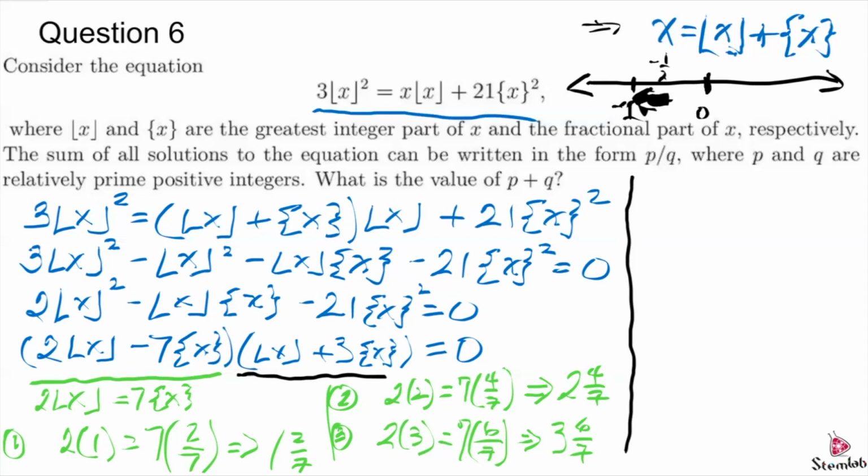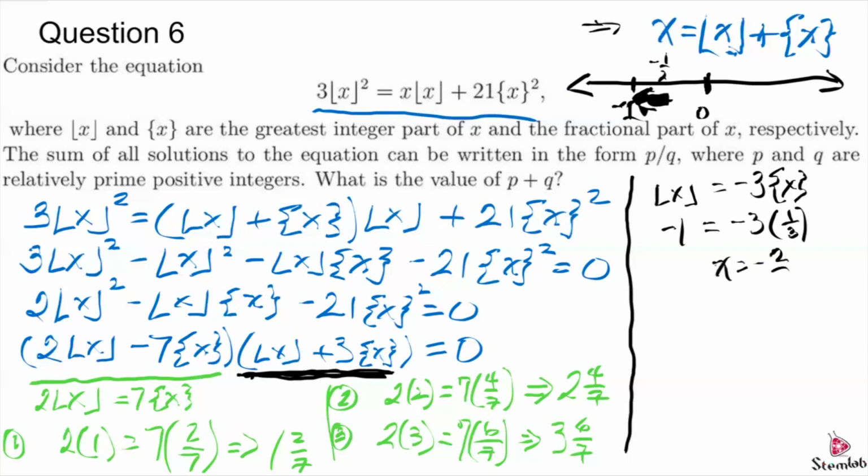Keeping that in mind, we can now solve for this binomial that's underlined. The floor of x is equal to -3 times the fractional value of x. One thing that satisfies here is -1 equals -3 times 1/3. That means the floor is -1. If we add the fractional part of 1/3, this is actually x equals -2/3.